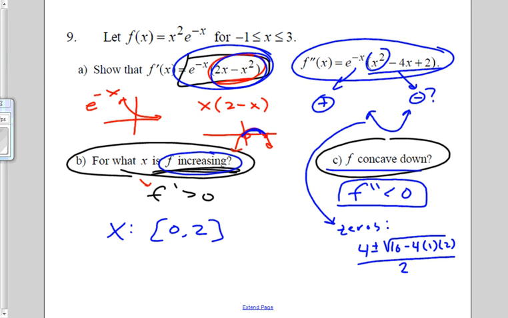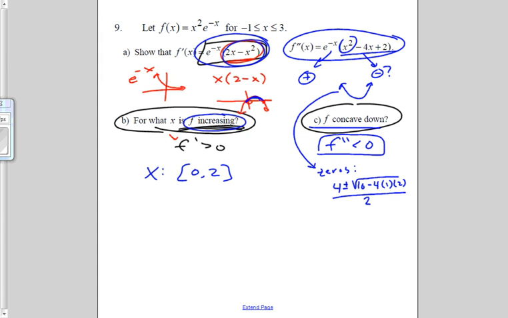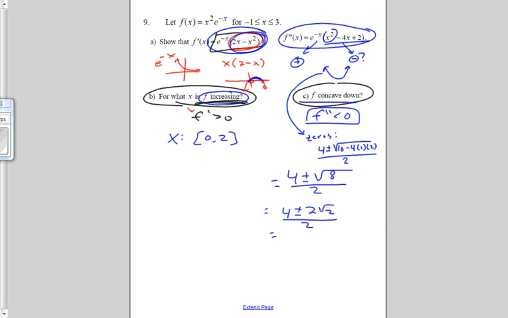So all over 2. And what does this simplify to? Well, this is going to simplify to 4 plus or minus the square root of 16 minus 8, or 8, over 2, which simplifies to 4 plus or minus 2 root 2 over 2, which equals 2 plus or minus root 2. And those are my zeros.